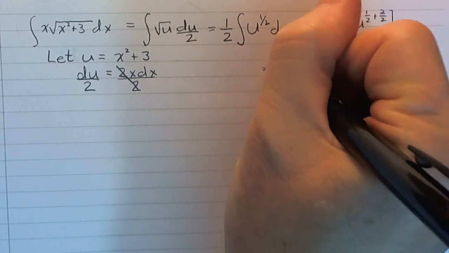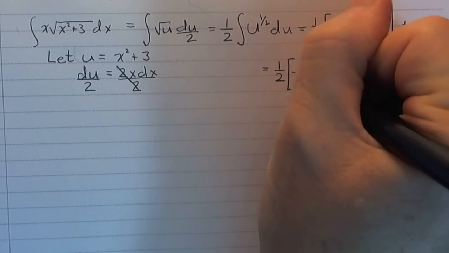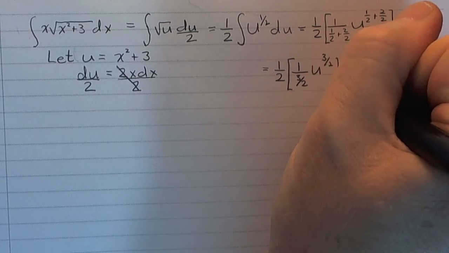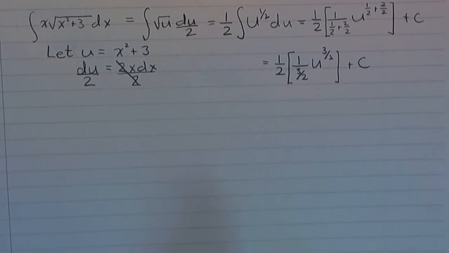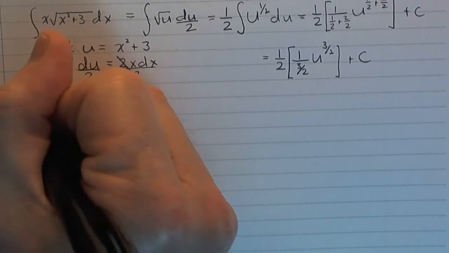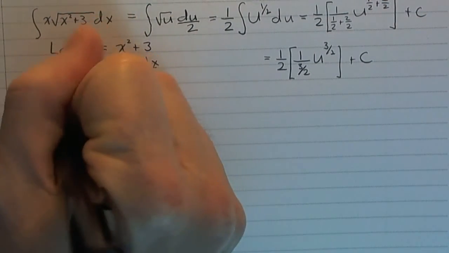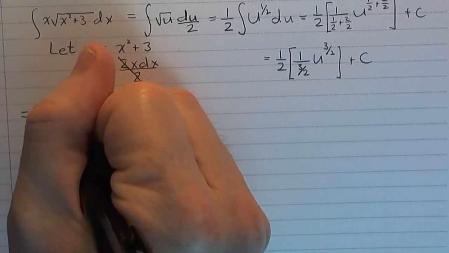And let's see what that gives us. This gives us 1/2 times 1 over 3/2, u to the 3/2, plus c. And a little more simplifying. We're going to have 1/2 times 1 divided by 3/2, which is 2/3.